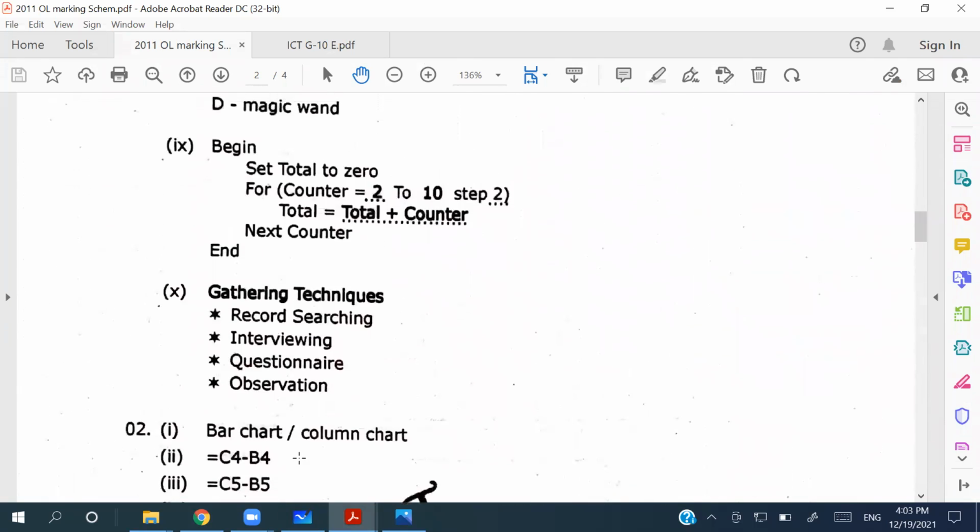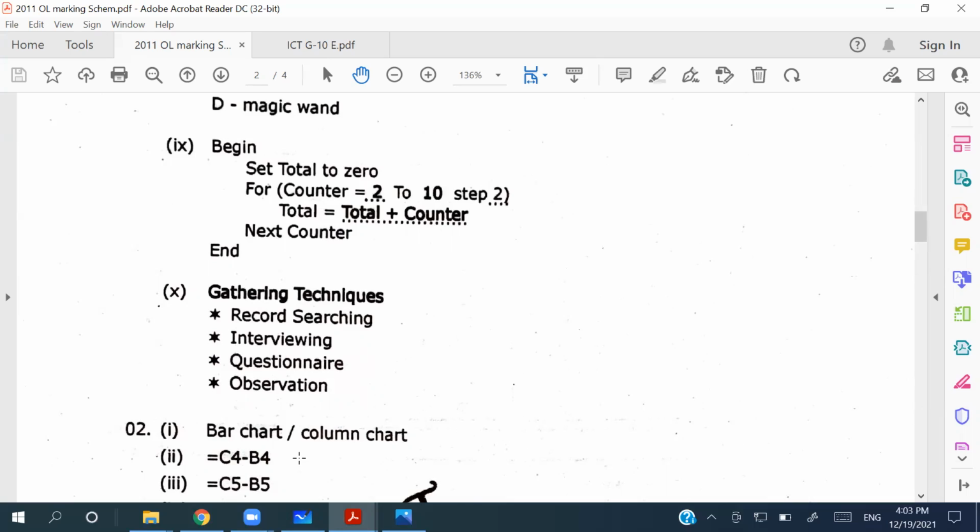There you go: record searching, interviews, questionnaires, and observation. If you got all 4 correct, then have 2 marks for that and see how much you got out of 20.